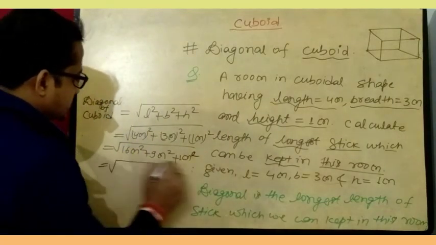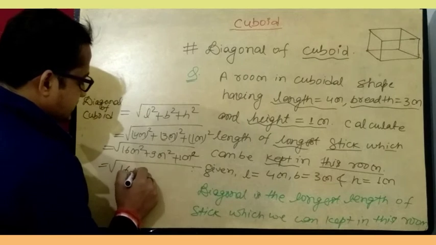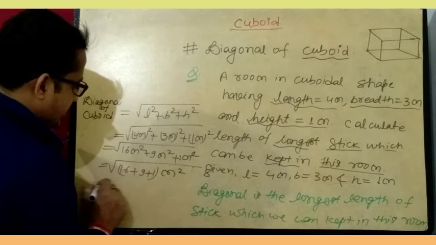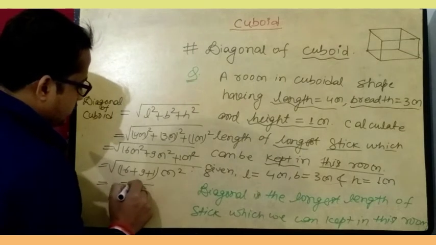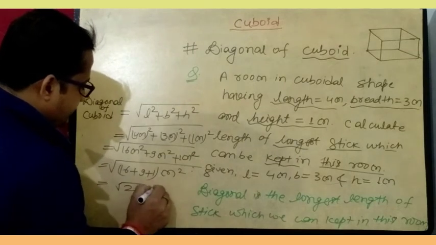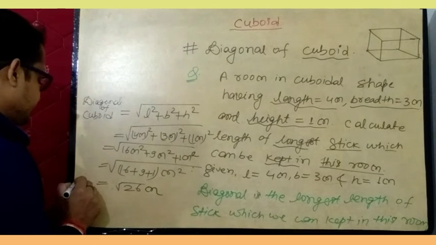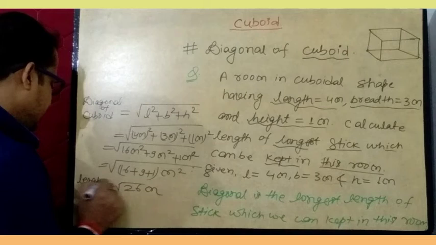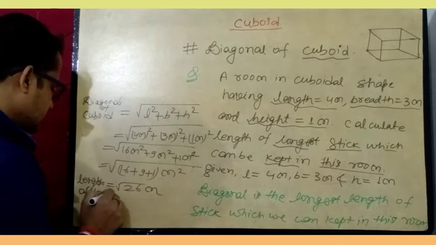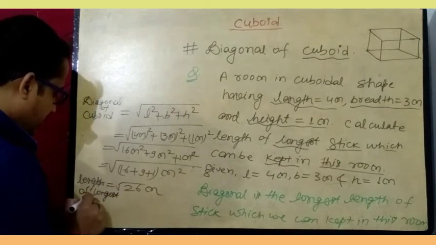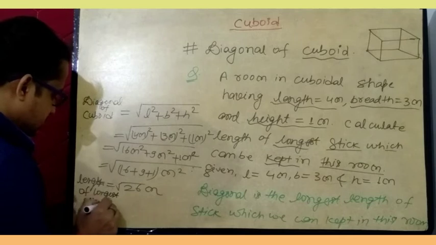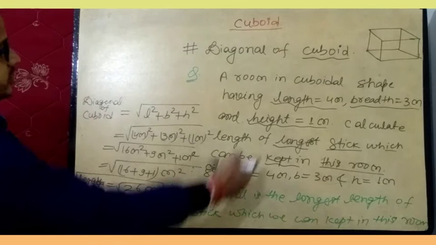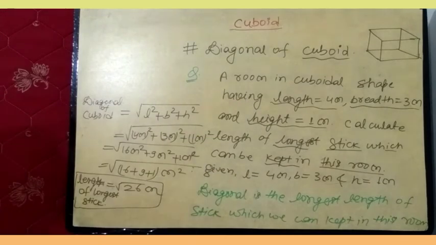Take meter square as common, you will get 16 add up 9 add up 1 meter square, that is root over 26 meter. This is the length of the longest stick which can be put and kept in this room.